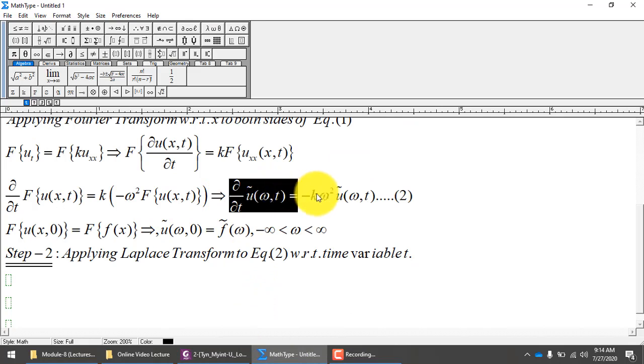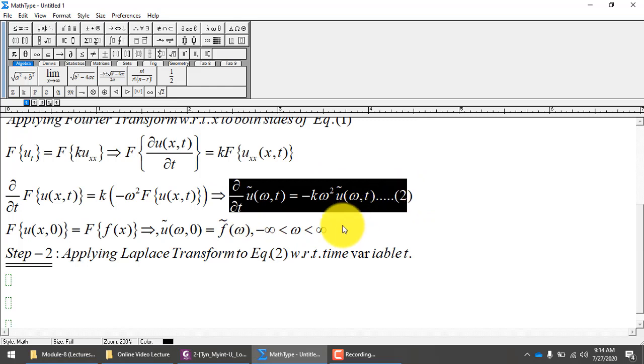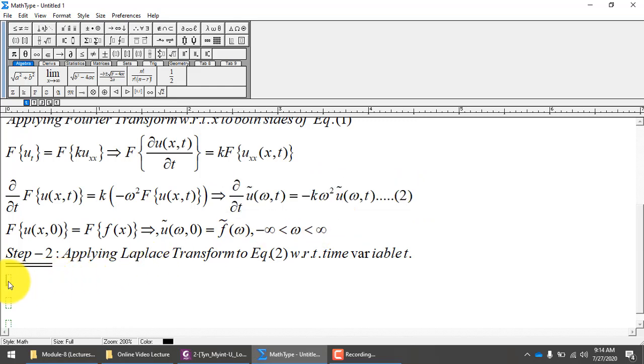This is the ordinary differential equation if you take minus k omega square to the right hand side, and this can be solved using u is equal to e to power mt, as you had done in the fifth semester, that y is equal to e to power mt, and you can put it there and easily solve. But if you want to apply a transformation, it is also possible. How can you apply it?